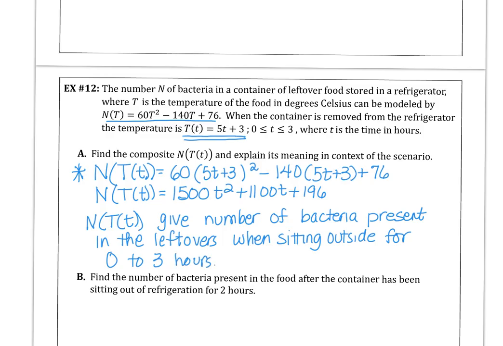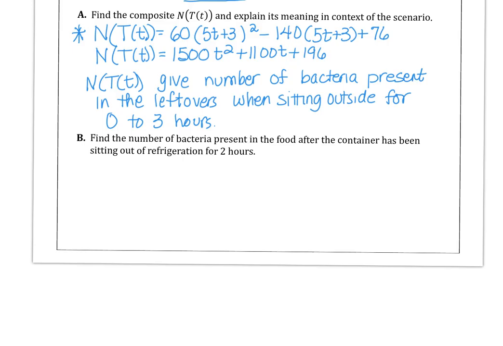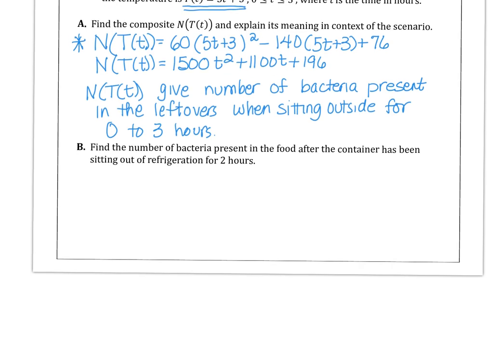Then the last example, for B, find the number of bacteria present in the food container after the container has been sitting out of refrigeration for 2 hours. So the N of T of 2 is going to be evaluated at 1,500 times 2 squared plus 1,100 times 2 plus 196.